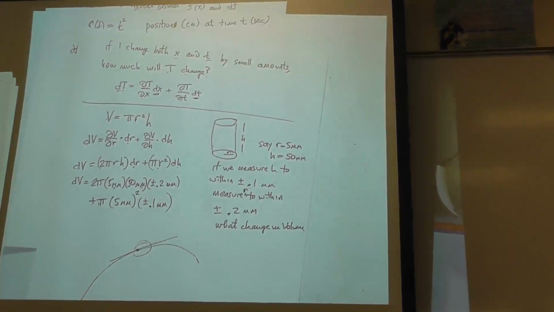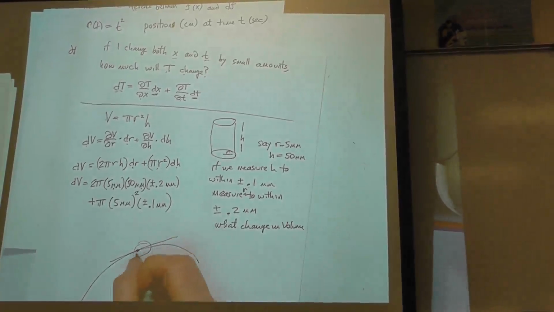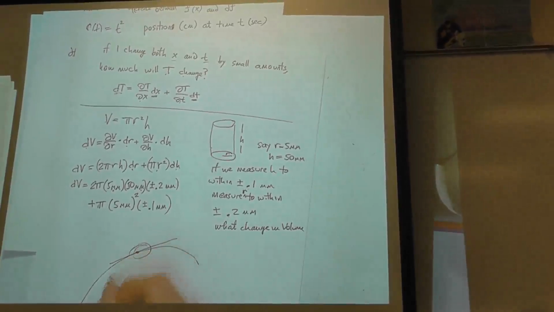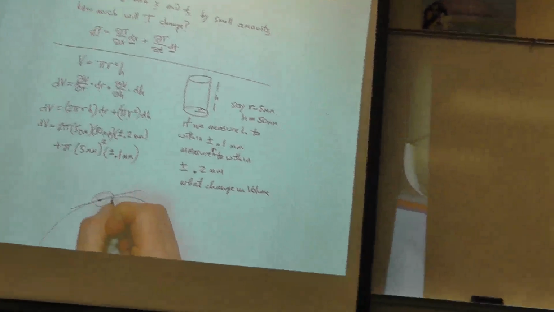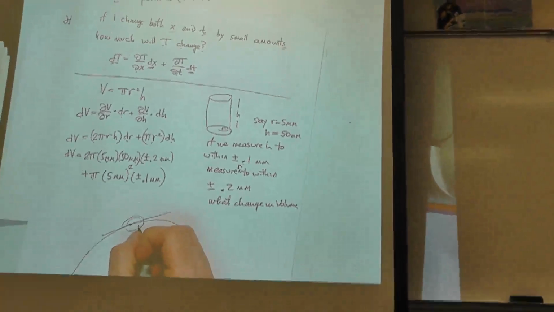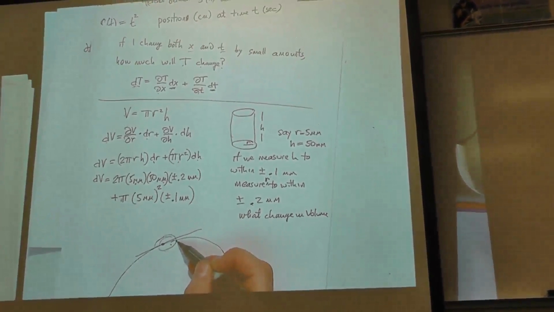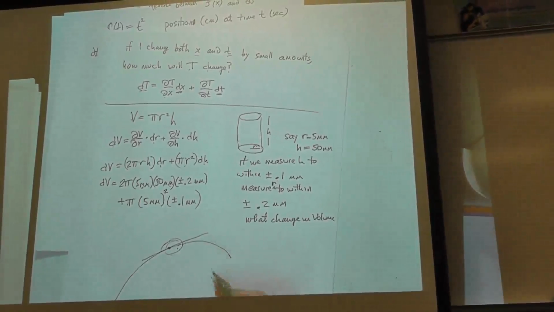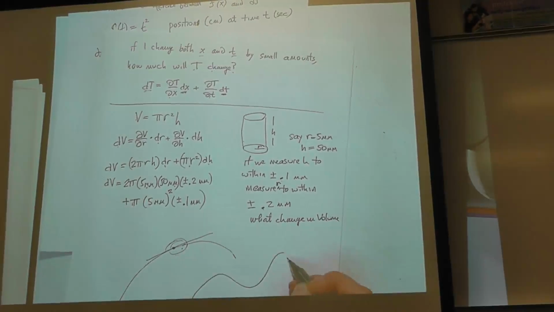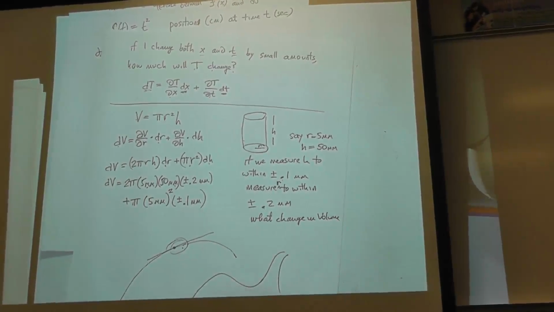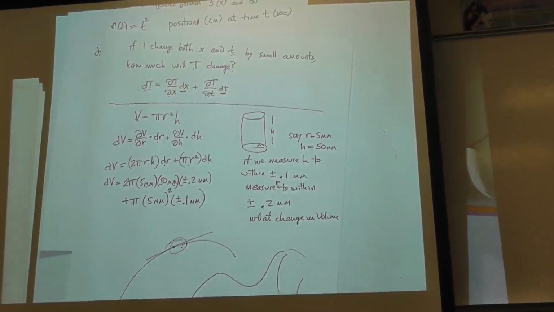And what that differential is doing is giving you an estimate as to how far off the tangent line approximates your function. If you look at a three-dimensional surface, say, it can be twisting and turning.